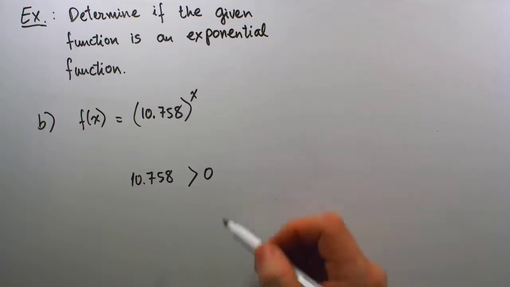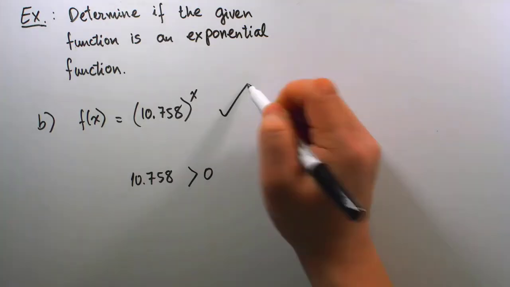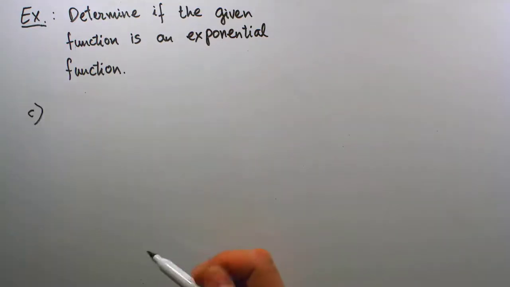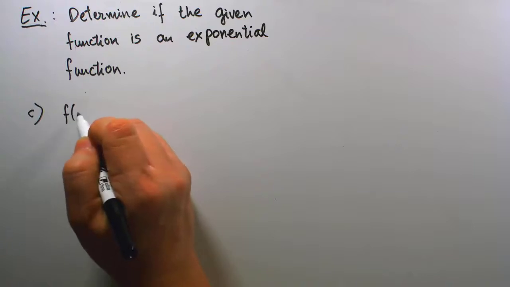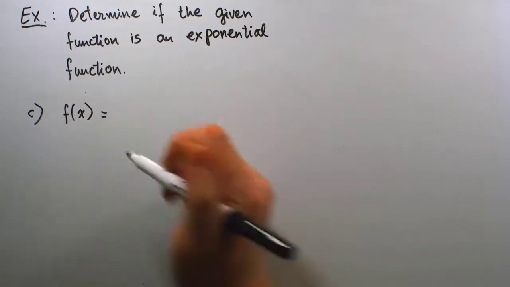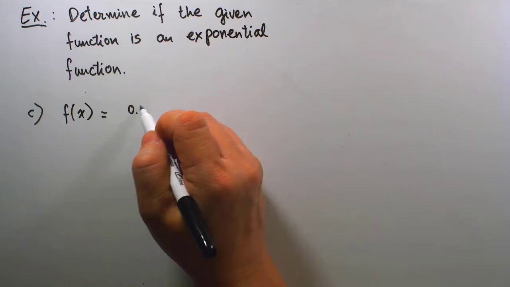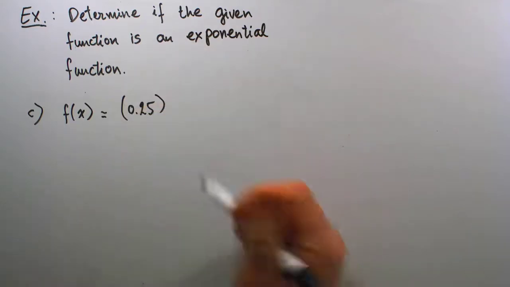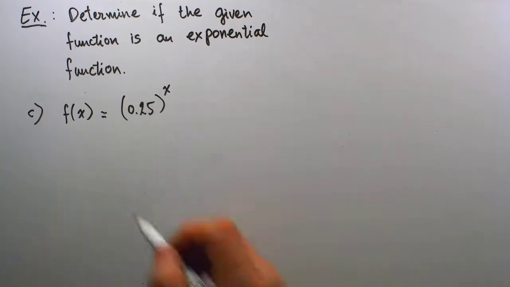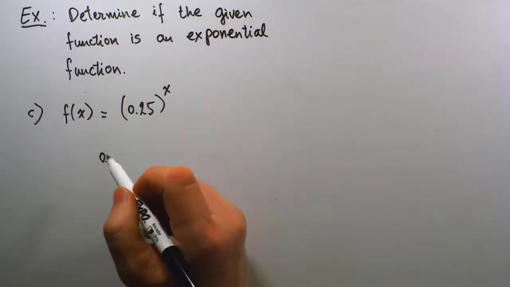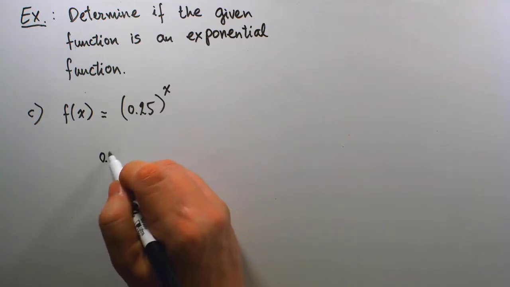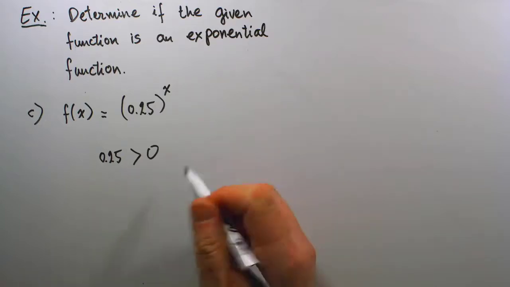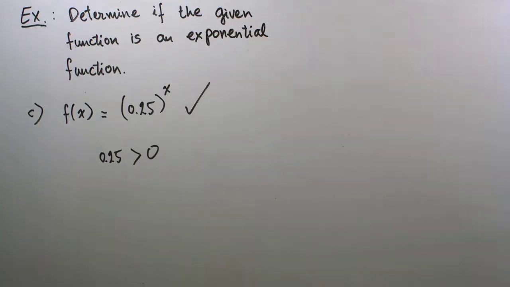And so this function is an exponential function. In another example, our function can be f of x equals 0.25 to the x. So 0.25 is a value in decimal, and the way I see the base here, in the end, it's still a positive value, even though it's not a whole value. And so this function is an exponential function.